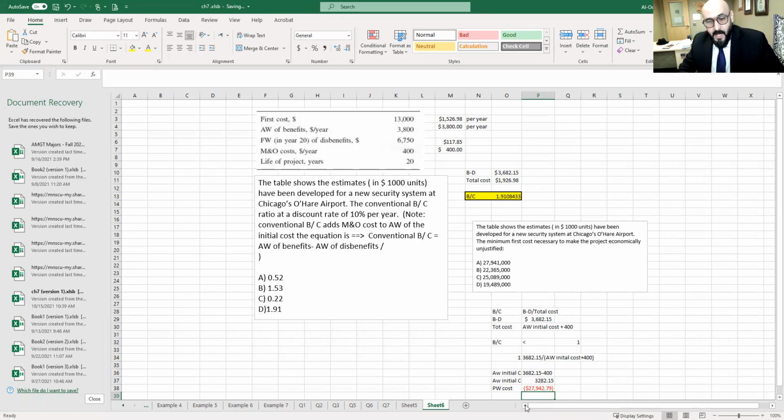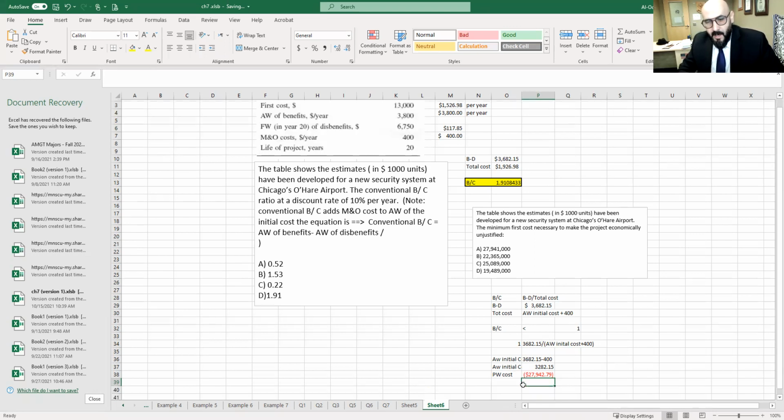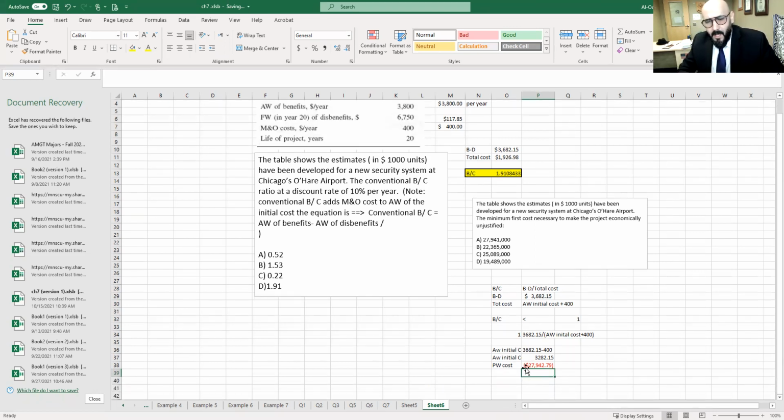Anything less than 27,942.79 would give you a BC ratio less than 1, and therefore the answer would be A, because this is the number that should give you less than 1. Of course, all of these other options will give you less than 1, but they are not accurate. The more accurate one is 27,941. I hope this is helpful. Please let me know if you have any questions. Thank you.